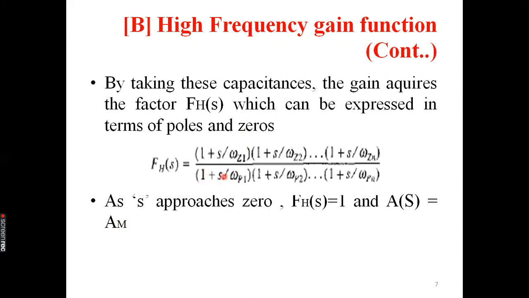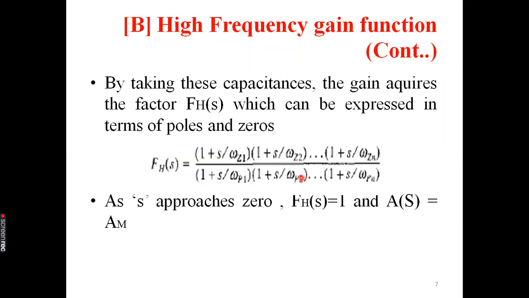Minus omega P1 means 1 minus 1 will become zero. So anything by zero will become infinity, and your high frequency gain function becomes infinity. In that case, that particular frequency is called a pole. So the value of S that makes my function infinity is called a pole, and the value of S that makes my function zero is called a zero.